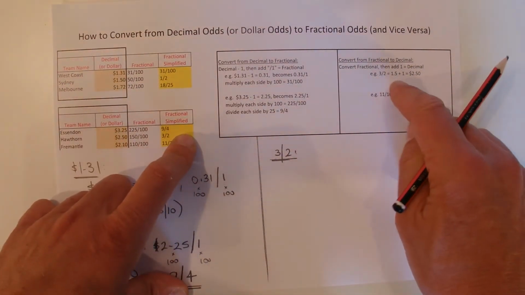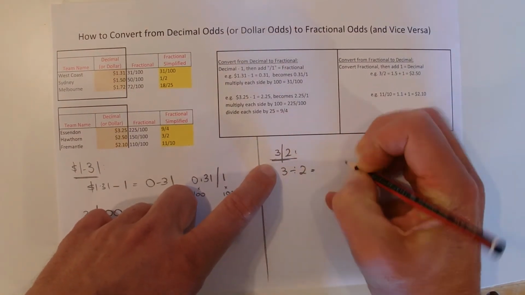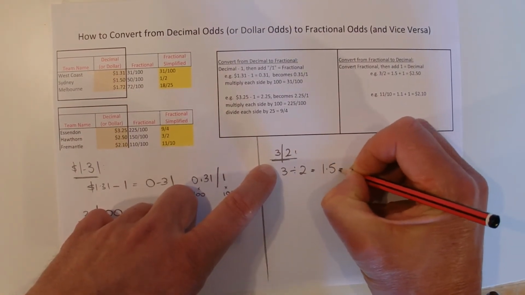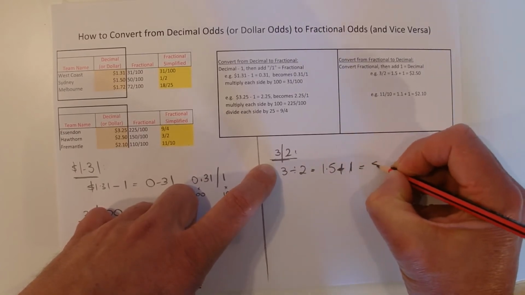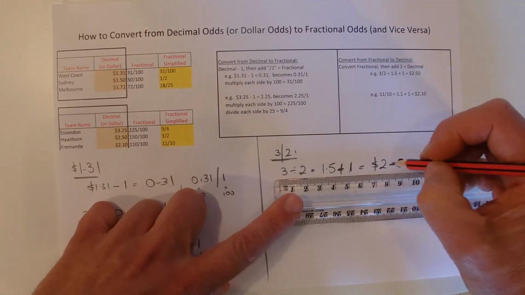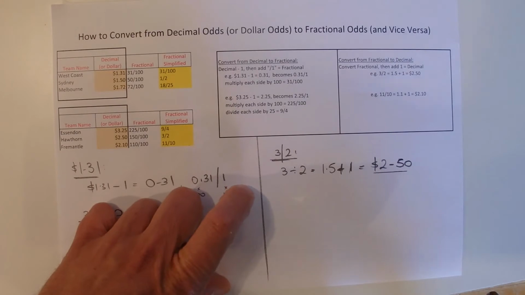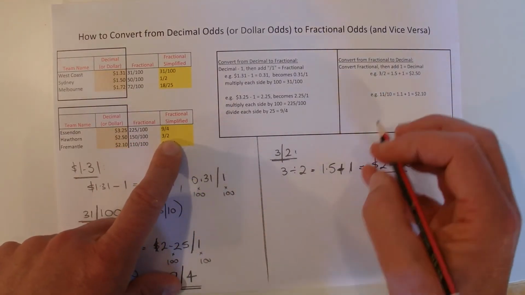We divide 3 by 2, which is equal to 1.5. Then onto the 1.5 we add a 1, and the answer becomes $2.50. You can see there, 2.50 becomes 3 to 2.